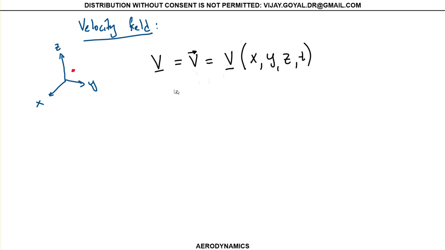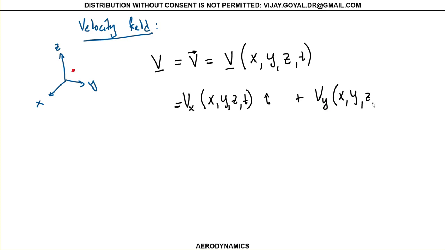Okay, so if I'm going to expand this, this is the same as Vx, function of x, y, z, and t, times i, plus Vy of x, y, z, t times j, plus Vz of x, y, z, t times k.